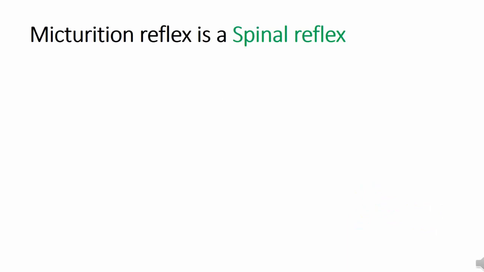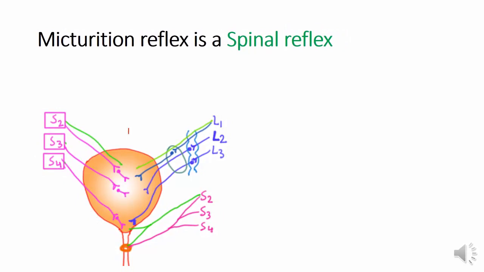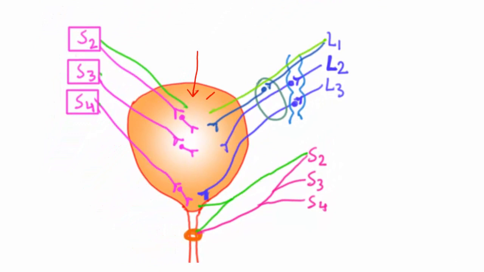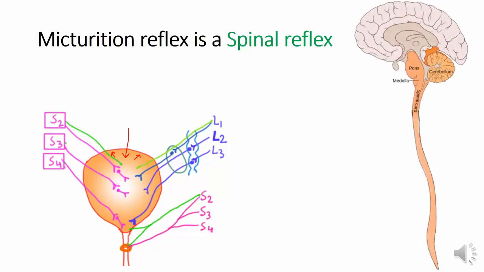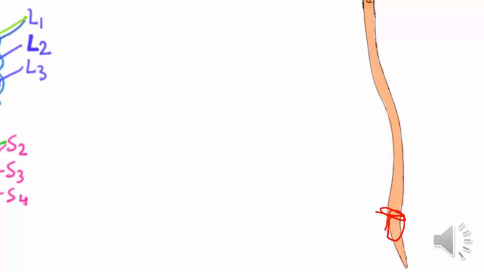Micturition is a spinal reflex. When the bladder is filled with urine, it will stress the bladder wall, and that will stimulate the stress receptors present in the bladder wall and posterior urethra. That will go to the sacral segment.